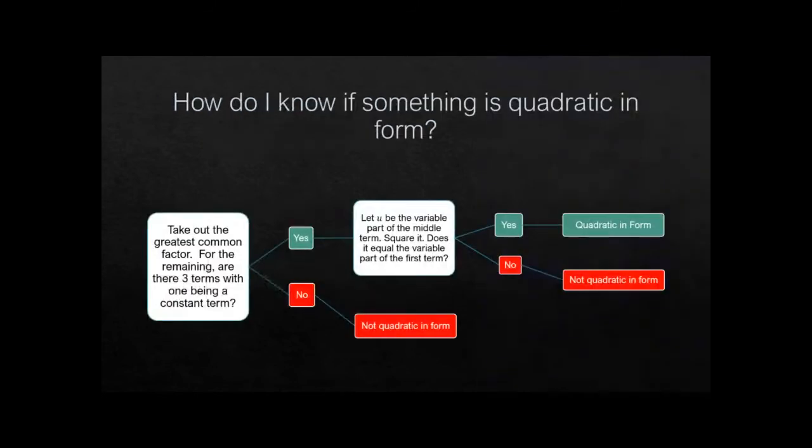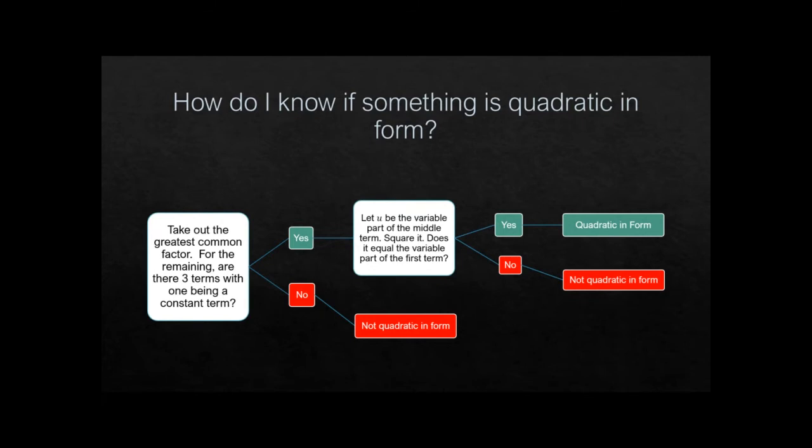So before you even do this, you need to know, is this a problem where I can do that? So I made this little chart. The first thing is you need to take out the greatest common factor. You always do that first before you decide what method to solve, because that will determine whether you're going to solve by factoring, whether you can solve a quadratic, or if maybe the greatest common factor leaves you with a linear.